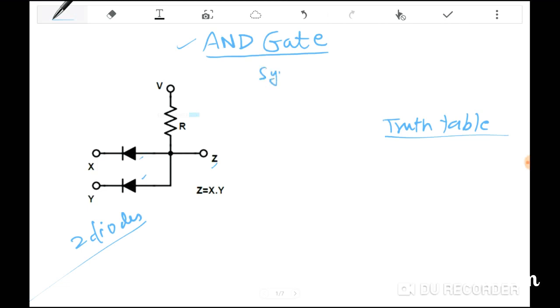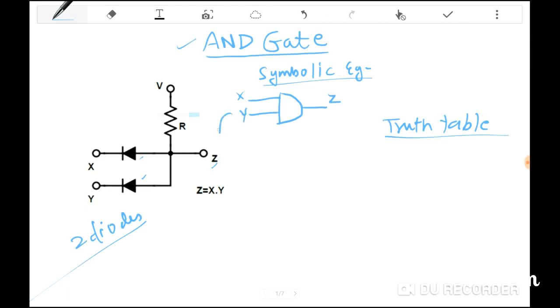A symbolical example of the AND gate. The AND gate looks like this. Okay, the shapes are not going well here, pardon me. Alright, here we go. This is the AND gate. This is the output Z and two inputs, X and Y.